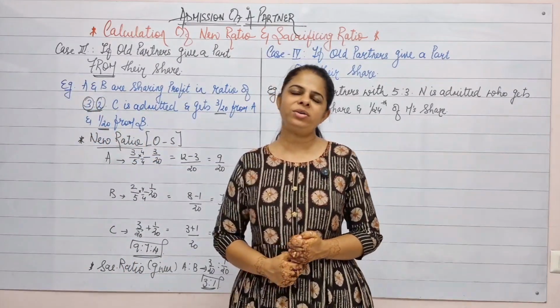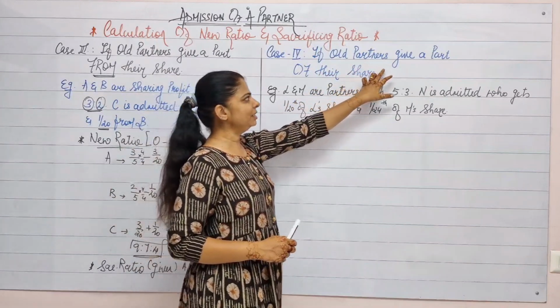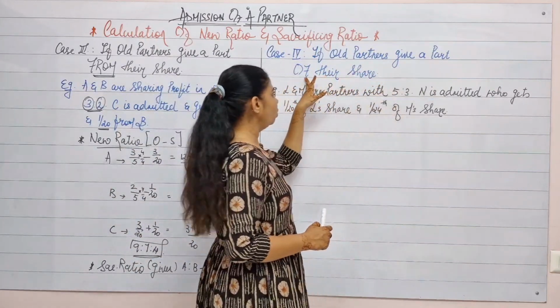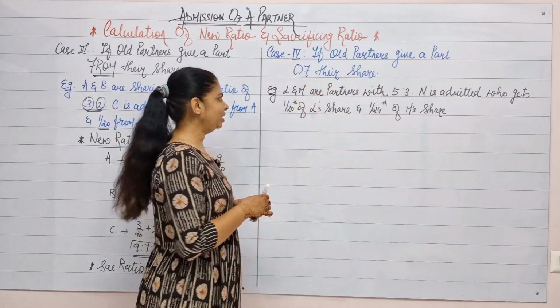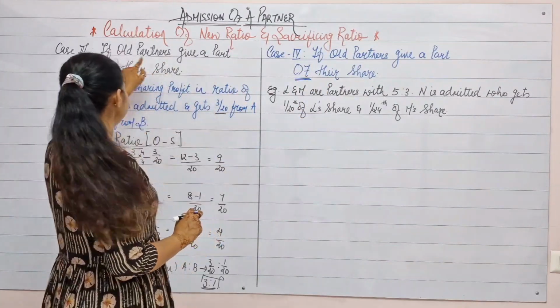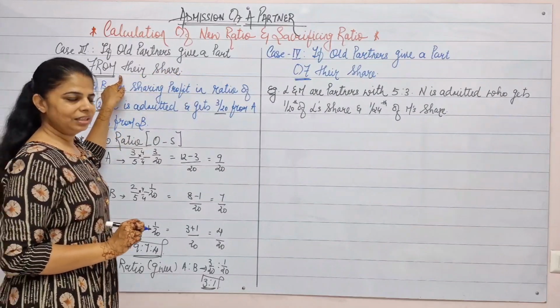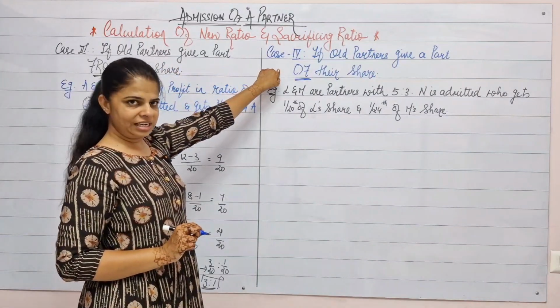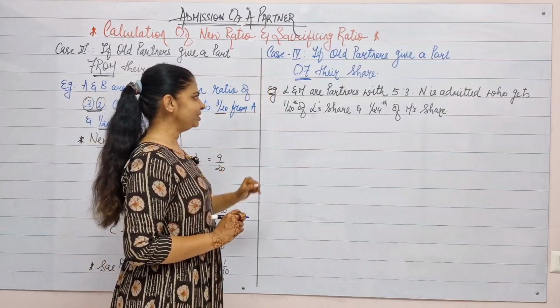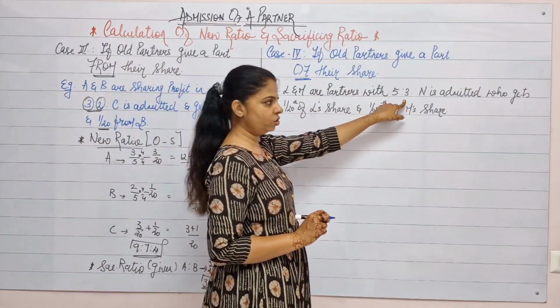Now moving on to the fourth approach, which says that if old partners give a part of their share, mark the words of their share. Here it was if old partners give a part from their share, and here it is of their share. The example reads as L and M are partners with 5:3 ratio.